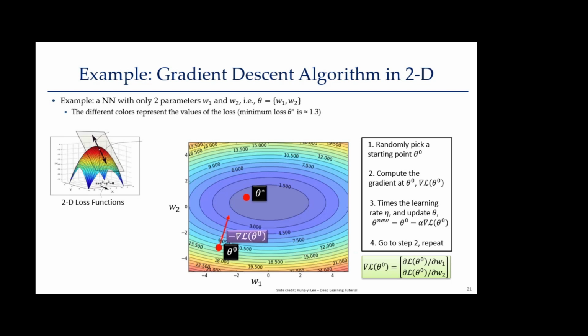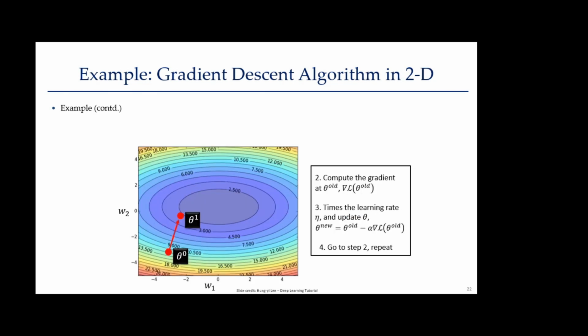Again, we compute the loss function and the gradient of the loss function, and based on this, we evaluate theta 1, which is theta 0 plus delta multiplied by the gradient of the loss function. So now we have theta 1. We can do the same step and calculate in another iteration theta 2. And in this case, theta 2 is good enough to stop at.